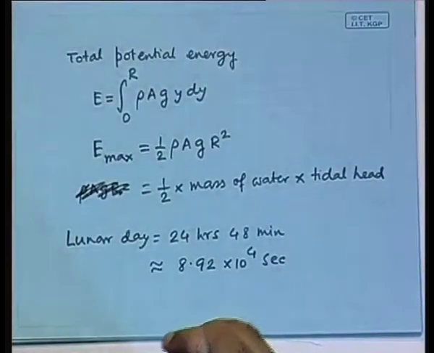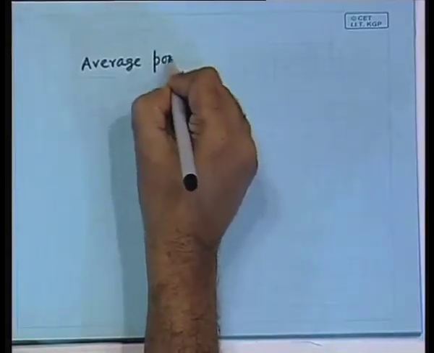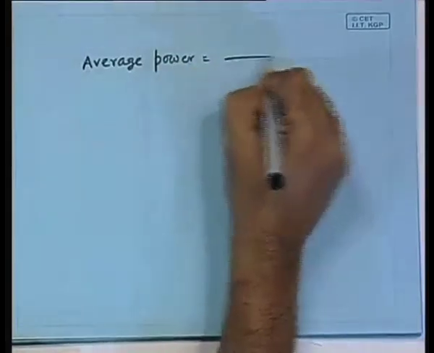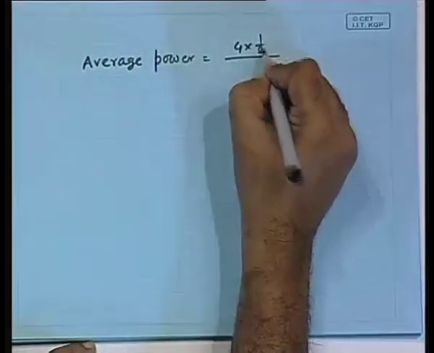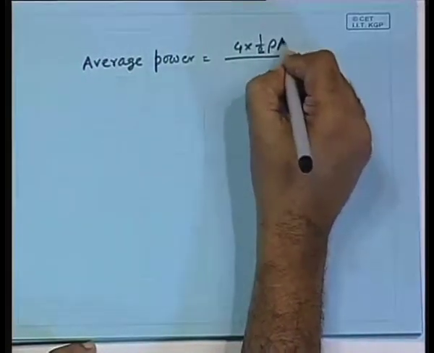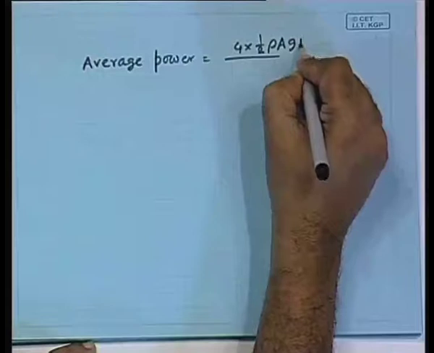So, the average power, not total energy we can talk about, but average power is 4 into half rho a g r square.